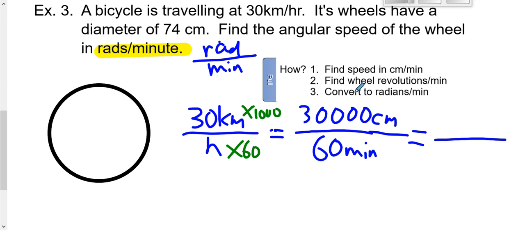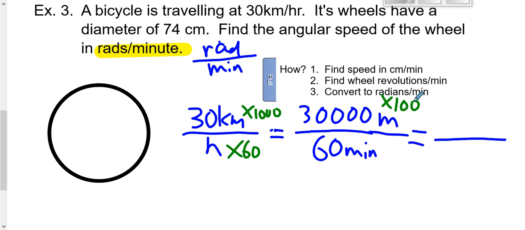And then the bottom is in minutes. So if you look at this, times it by 1000 to convert that into meters. So that's in meters. Now we still have to convert the meters into centimeters. So what do we do? We times it by 100, because each meter has 100 centimeters.